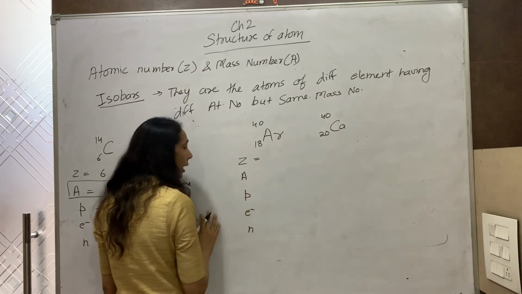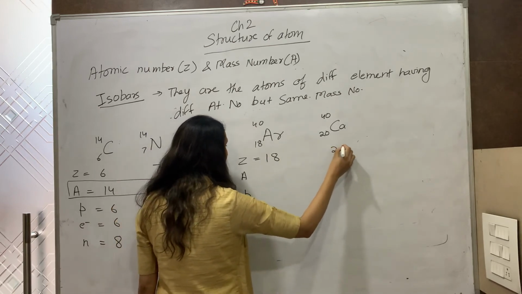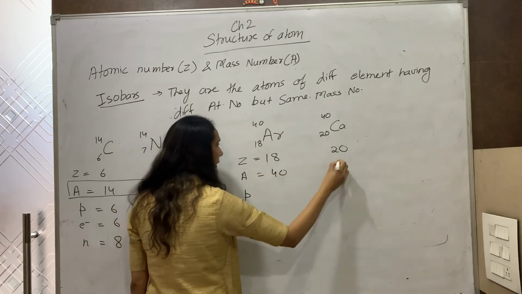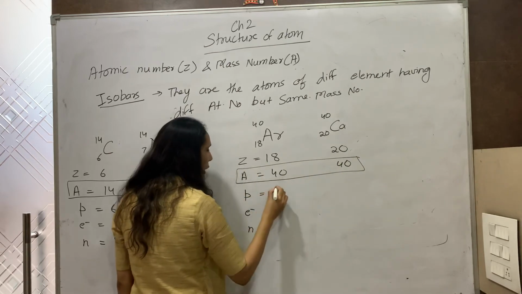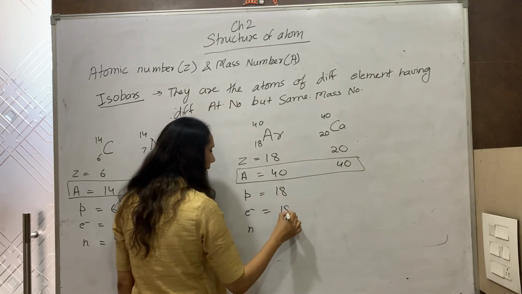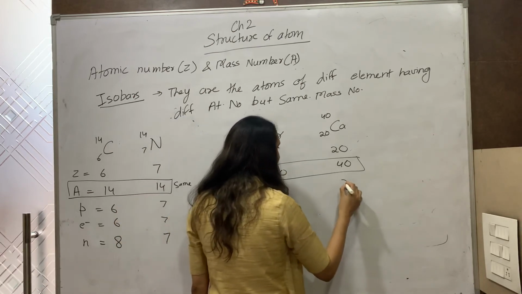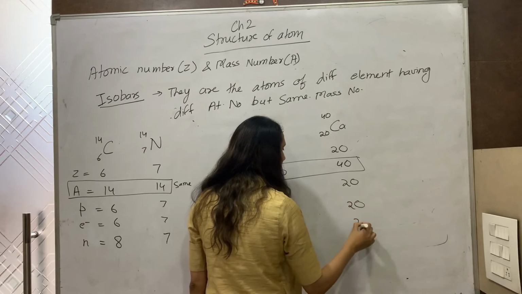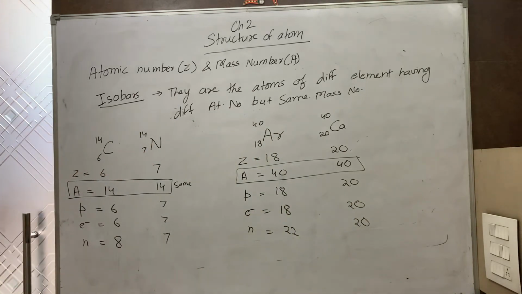Z for argon is 18, here it is 20. A is 40, they have got same mass number. Protons of course different, electrons 18 and neutrons 40 minus 18, that is 22. Here it will be 20, 20 and 20. So they have similarity only in their mass numbers.